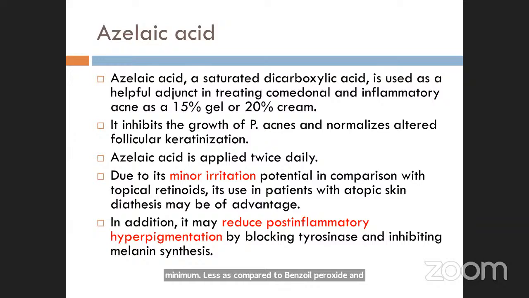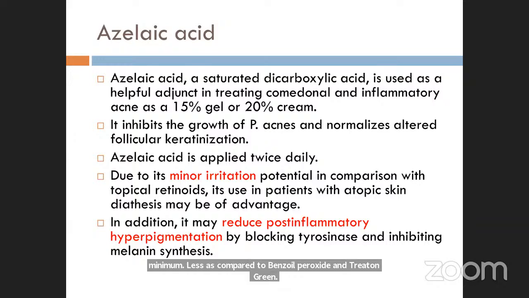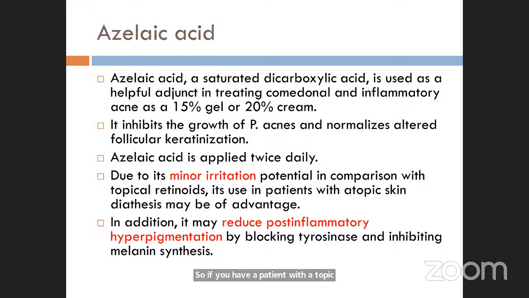So if you have a patient with atopic dermatitis and you know they are sensitive skin children and you want to add an acne agent, keratolytic agent, I think that is a time when this product finds its place really in my regime. And another advantage of using this product is it also has a role in reducing the post-inflammatory hyperpigmentation. So the dark marks that you see, these can be helped using azelaic acid.